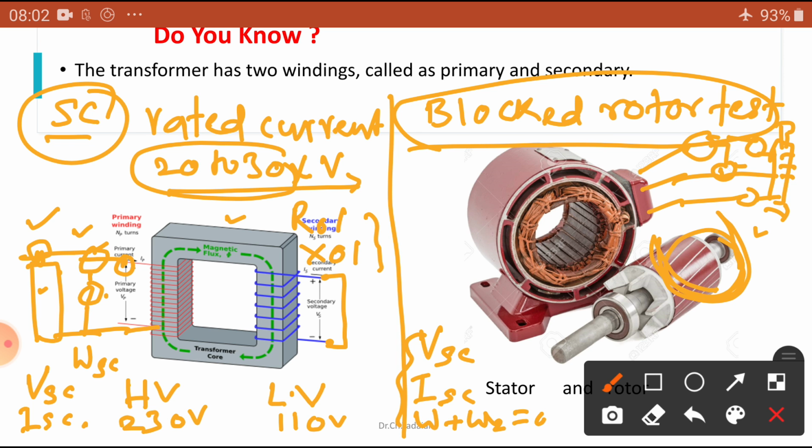Similarly, here also we are going to calculate R01 and X01. Okay. So, these are the similarities between the open circuit test and the NoLoad test, and the short circuit test and the blocked rotor test, between the transformer and the induction motor.